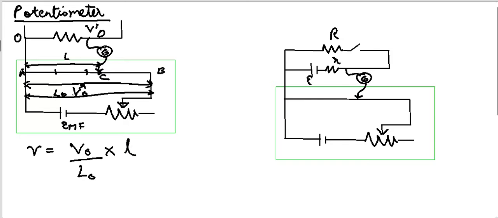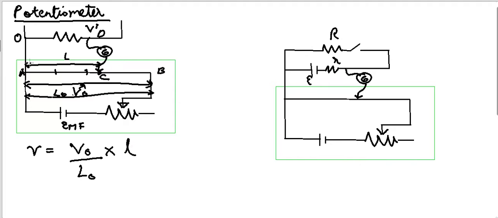I will know when the galvanometer shows zero deflection, meaning no current is flowing through it. That means the potential difference across the galvanometer is zero, so the potential at D will be the same as the potential at C.